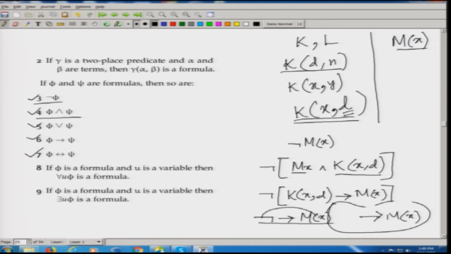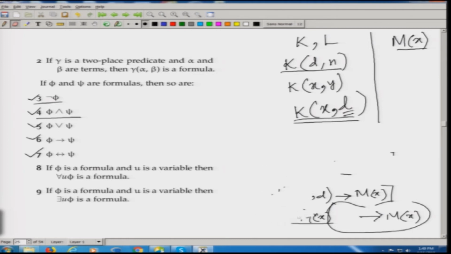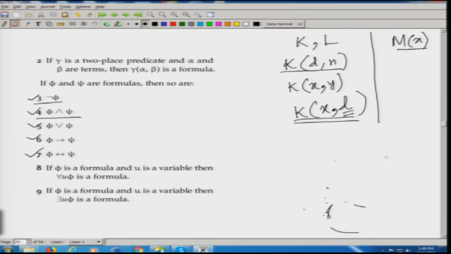Okay, then we go to the next section. We have all these things. So the point is, rule number 8: if phi is a formula and u a variable, then all u phi is a formula. We know the meaning of all u phi, which we have seen in the previous session.